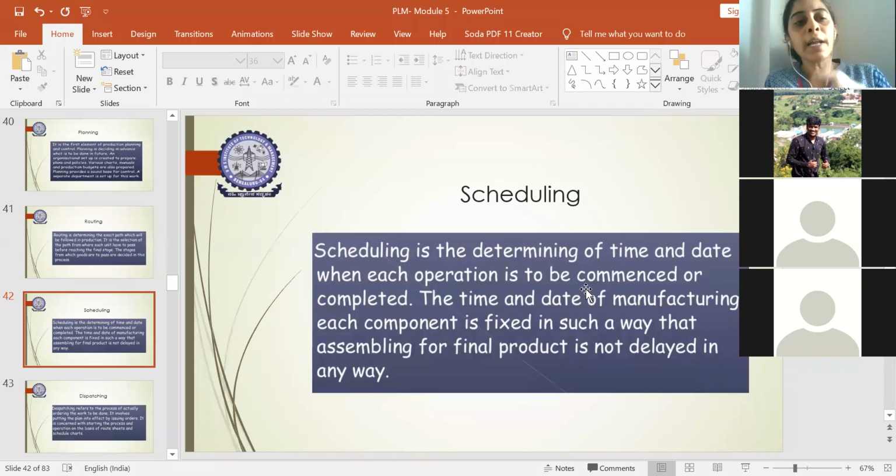If one work gets delayed, the entire process gets delayed, right? That will be very difficult. So they have to manage time in accordance with the schedule given. This helps in getting the final product without any delay. So scheduling also plays a vital role in production planning, similar to the planning done in our initial stage related to the design concept.